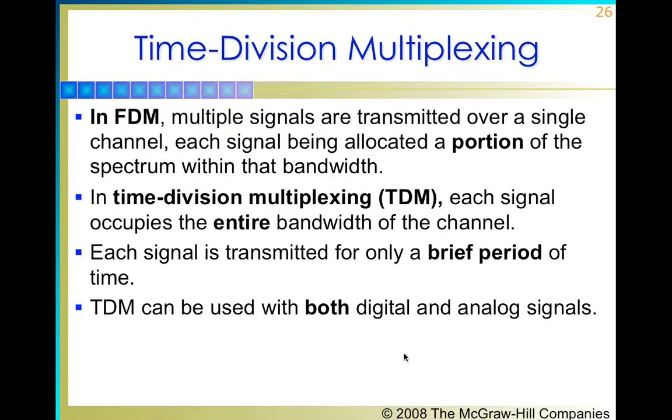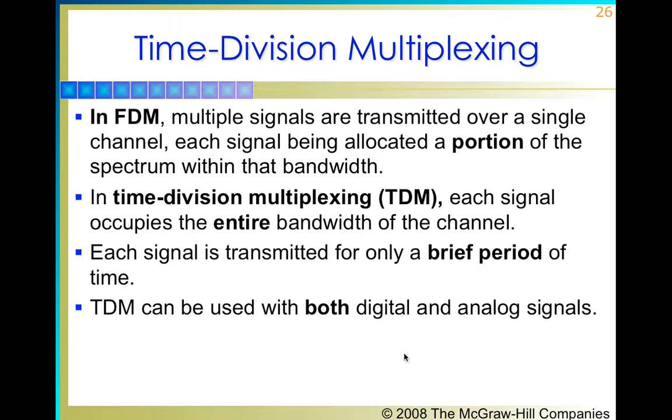So we have already discussed frequency division multiplexing. Now is the time to discuss time division multiplexing. As we know, in frequency division multiplexing a common bandwidth is shared among different signals, and we have subcarriers on which the individual transmitter signal is sent, and the bandwidth is shared among the signals of different transmitters.